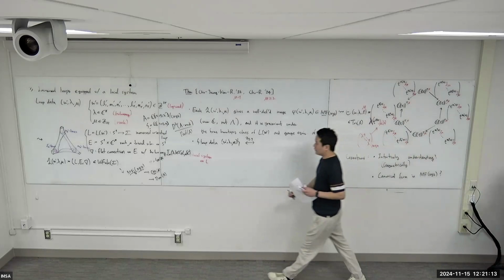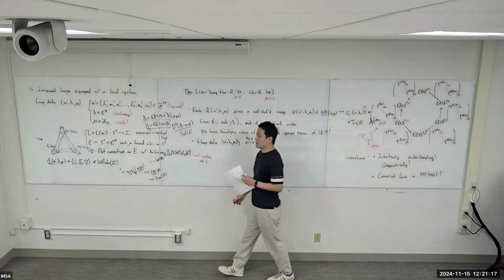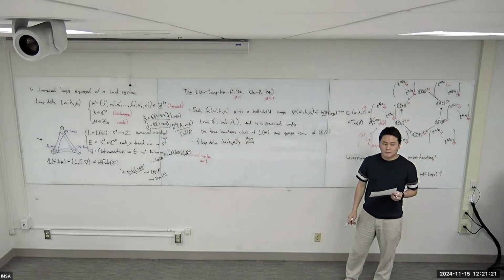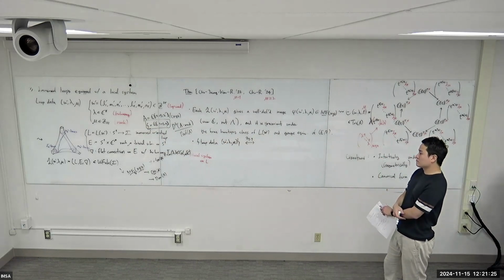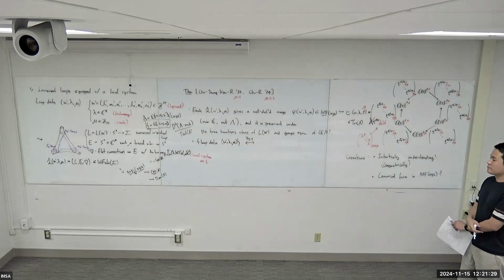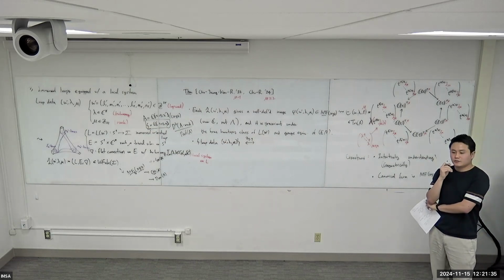So I fix it locally. Yes. So the matrix factorization category is not preserved under change of coordinates. That is related to the question of Merton. To be honest, I think I'd rather not talk about it.